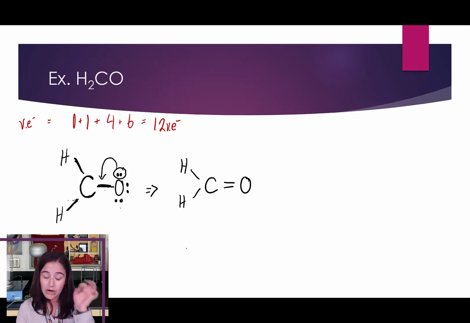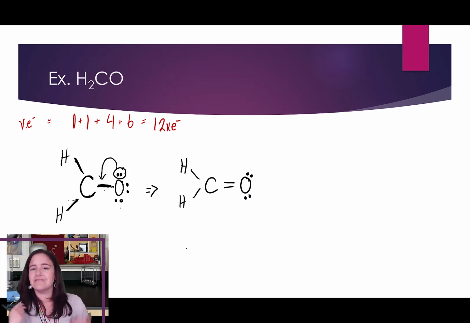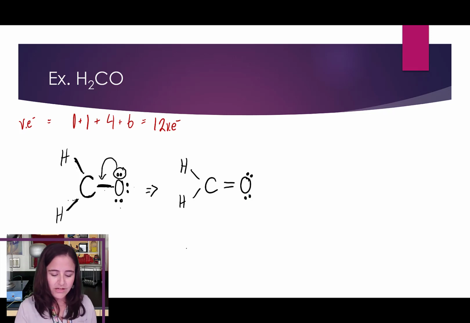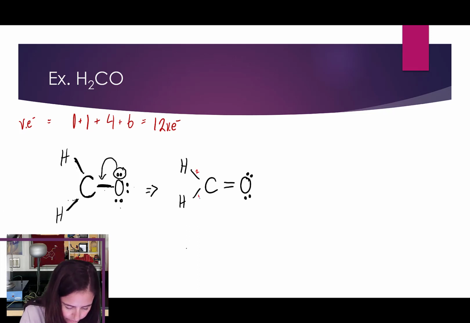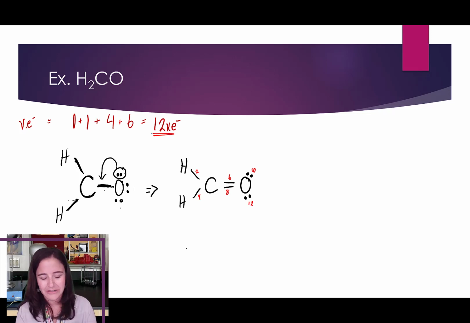Since that lone pair became a shared pair, I didn't change the total number of electrons, but now the oxygen has 2 shared pairs and 2 lone pairs around it. And if we look at our total structure, I'm just going to count up my electrons real quick. I got 2, 4, 6, 8, 10, 12 electrons, which is how many I was looking for.